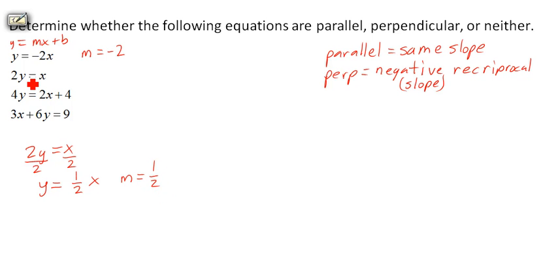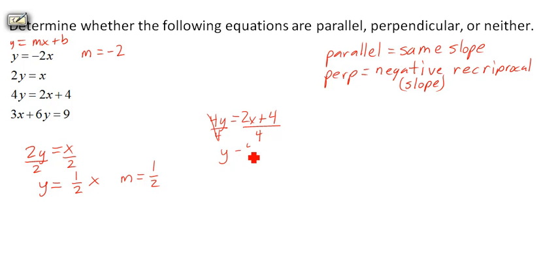Alright, let's move on to the next one. 4y equals 2x plus 4. Again we want y equals mx plus b because it's really easy to get the slope from that. So we'll divide both sides by 4. Now remember, when you divide the right side by 4, each one of those terms needs to be divided by 4.